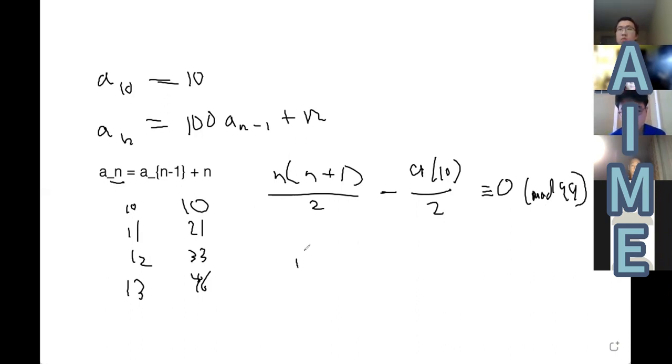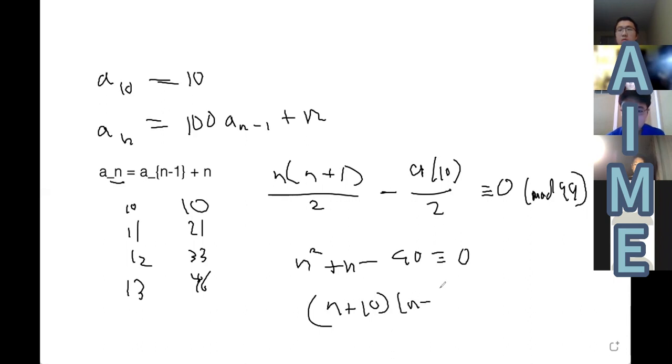So you get n squared plus n minus 90 is congruent to 0, and the factors are n plus 10 and n minus 9. Then I just started looking for factors.